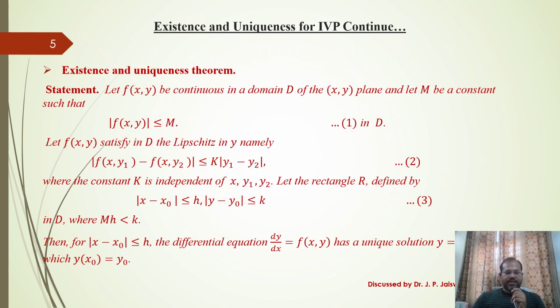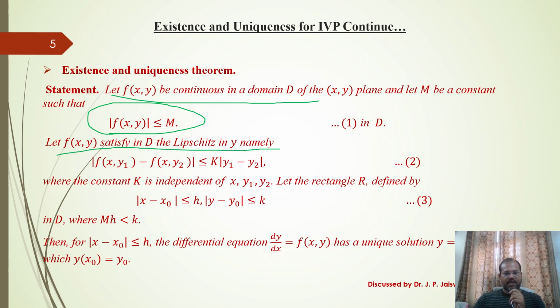So come to the statement. Let f(x,y) be continuous in some domain D of the xy plane and bounded. Suppose f(x,y) satisfies the Lipschitz condition in y, as given by equation number 2, where we have some constant K which does not depend on x, y1, y2.